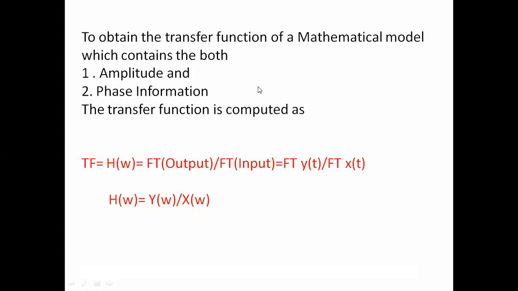For that, the output of the amplifier is connected to channel 1 and the input which is applied to the amplifier is connected to channel 2. With these two channels, the signals are sent to the fast Fourier transform, where the algorithm processes them and the output is sent to the CRT screen.